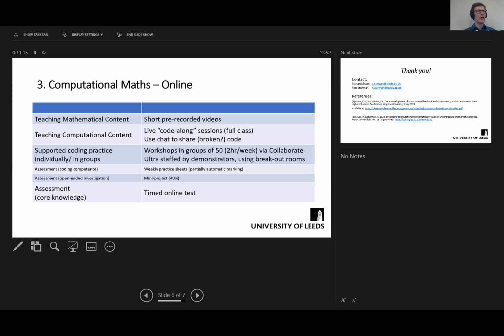The idea being that, unlike in the lecture theatre, all students will be sat in front of a computer, and they can have their Python editor open alongside the screen where we're speaking. So that allows us to do a few things that we couldn't do before, such as share code directly in the session through the chat function, for example.